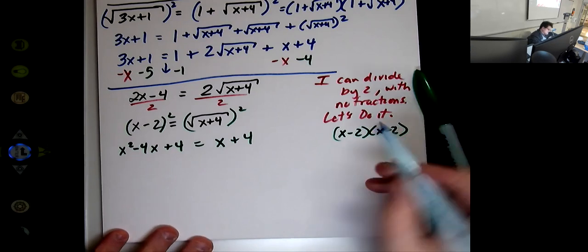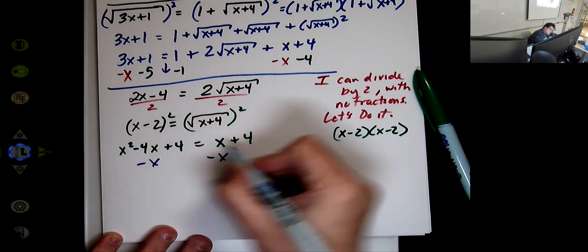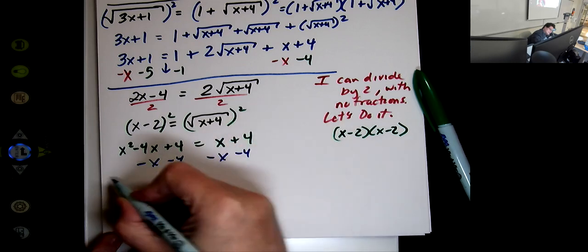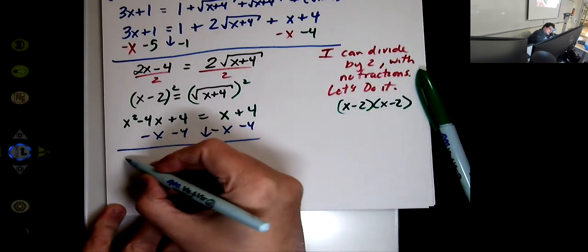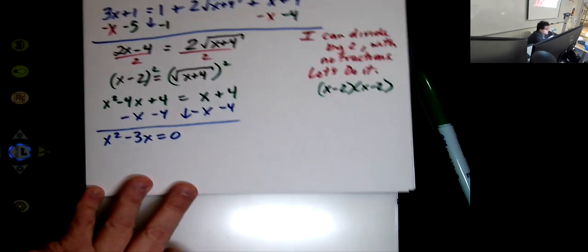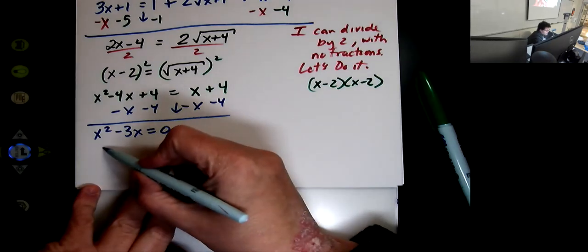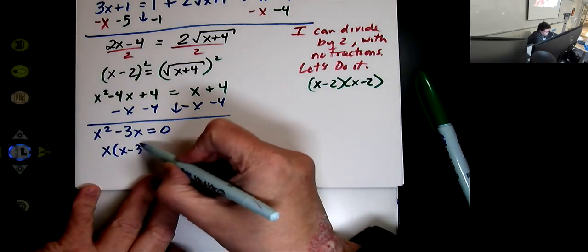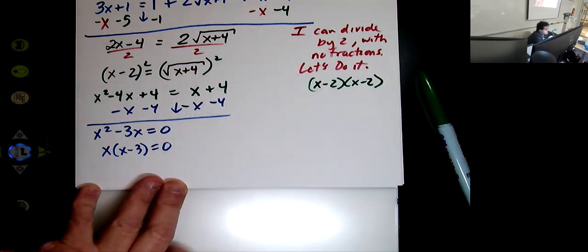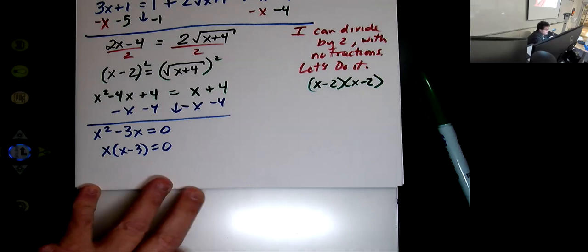Usually there's a little bit, but here we're going to get everything on one side. I get x squared minus 3x equals 0. I can factor, and I get two answers.